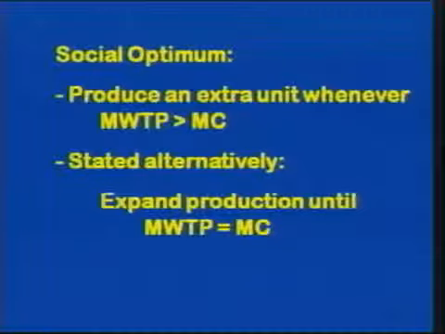It's more beneficial to the society if the cost of producing 1 more car is lower than the marginal willingness to pay. So in another way, the society or the firm should expand the production until the marginal willingness to pay equals the marginal cost, right? So this is from a social optimal side.